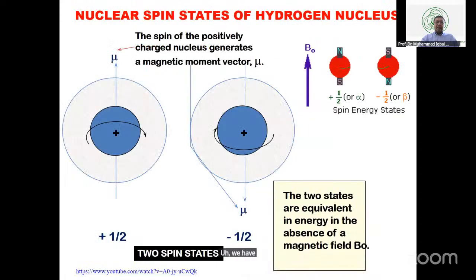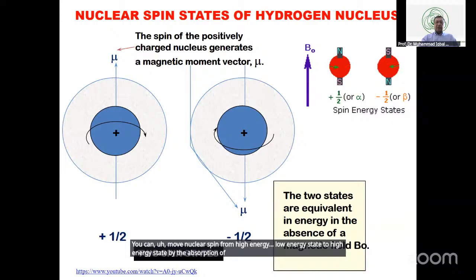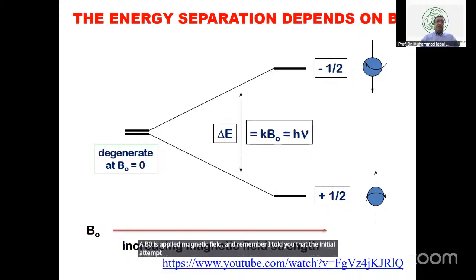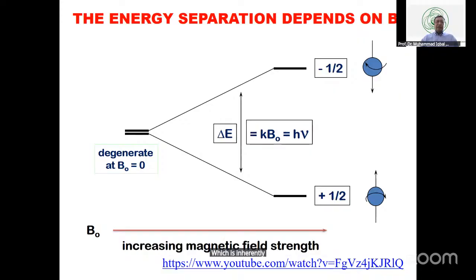We have seen that you can move nuclear spin from the low energy state to the high energy state by the absorption of radio frequency. The difference between the energy states is directly proportional to B naught, the applied magnetic field. Remember I told you that the initial attempt to improve this inherently insensitive technique was to develop better and stronger magnets.